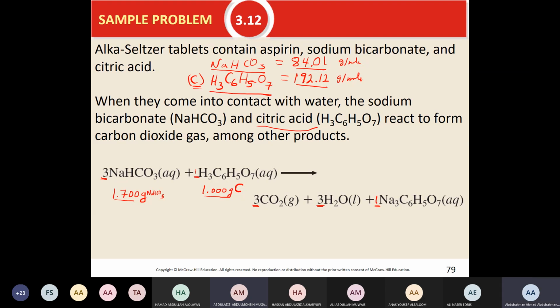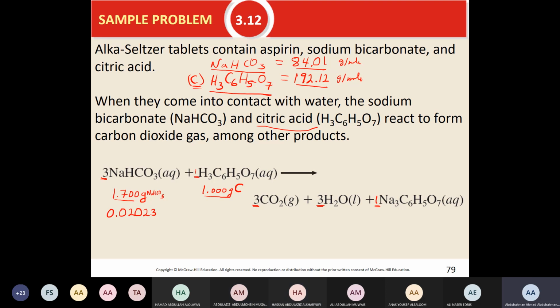NaHCO3. Sodium bicarbonate. You divide 1.7 by 84.01. What's the answer? 0.0202. 0.0203. Right? Very good.